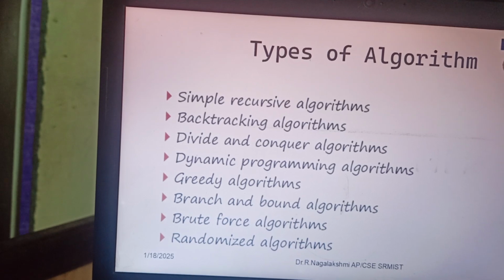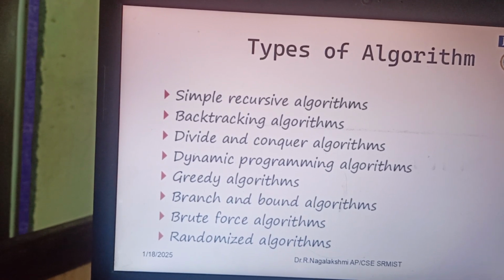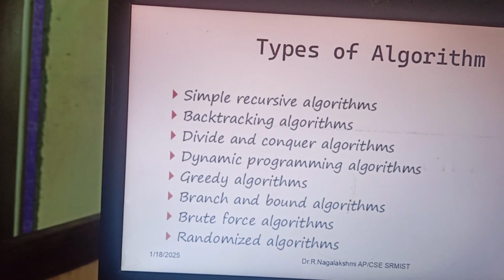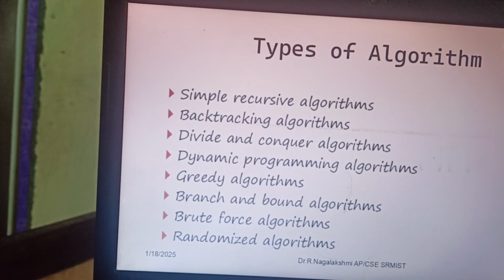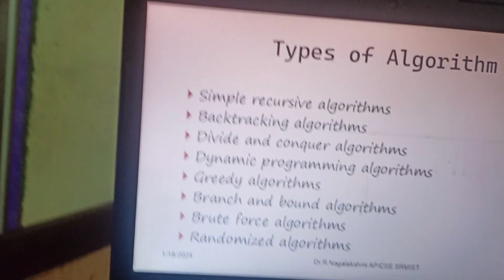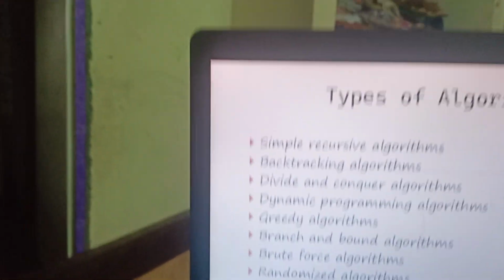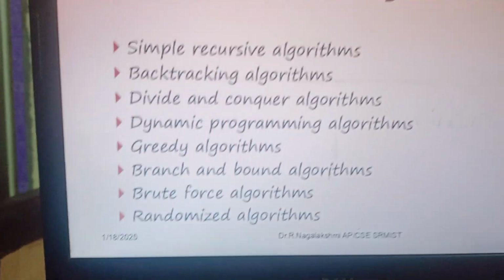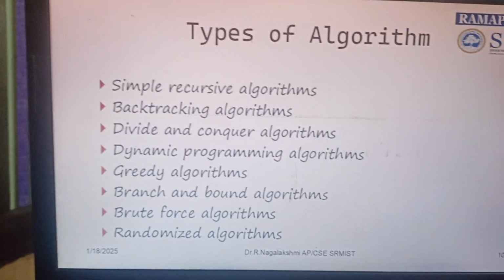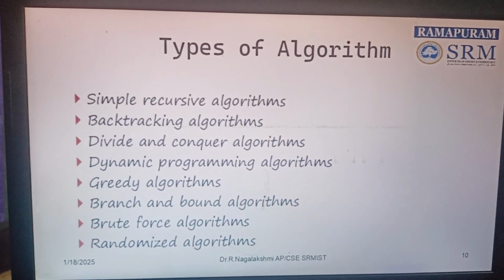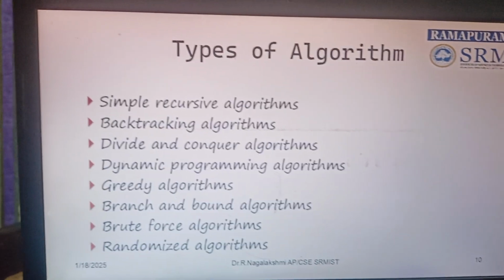A recursive function is a function calling itself. Or I can use backtracking algorithms for finding the shortest path and the best path. A real-time example is Google Maps, where we find the smallest path, and apps like Ola or Uber utilize the shortest and best path.